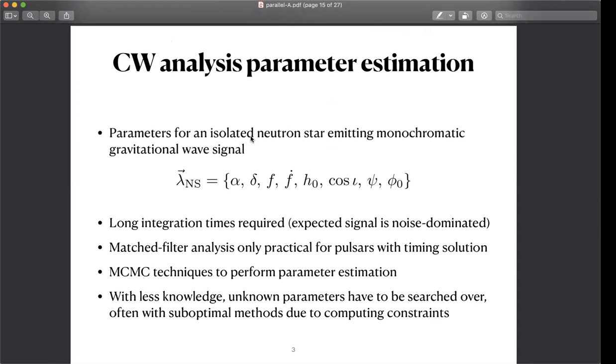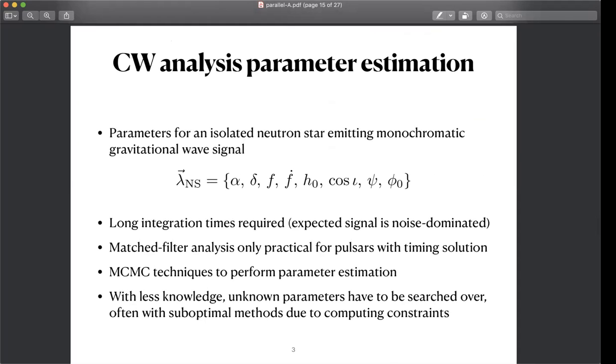So in LIGO-Virgo, when we do a continuous wave data analysis, we have a certain set of parameters that we characterize the signal with. I've put on here this vector that describes the parameters that are searched for in an isolated neutron star.